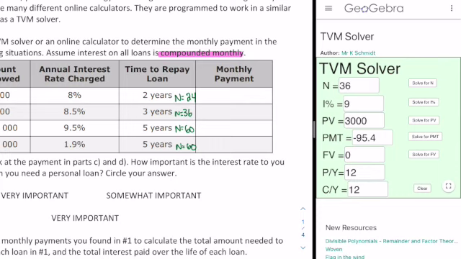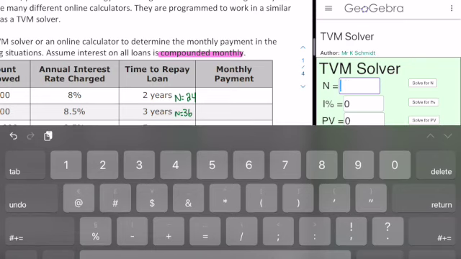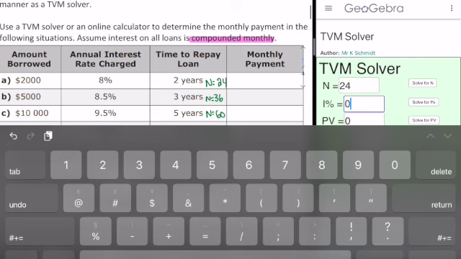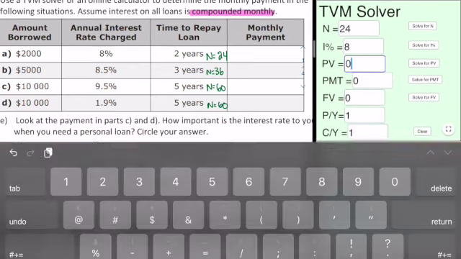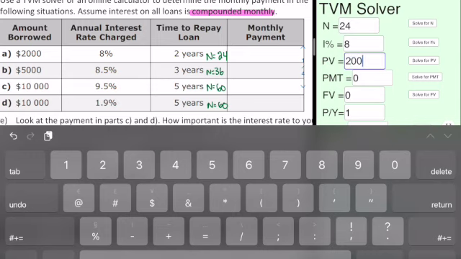So when we put this in here, let's just clear this up. You'll have 24 months at 8%, and we are borrowing $2,000. We're looking for payments. Future value will be 0.